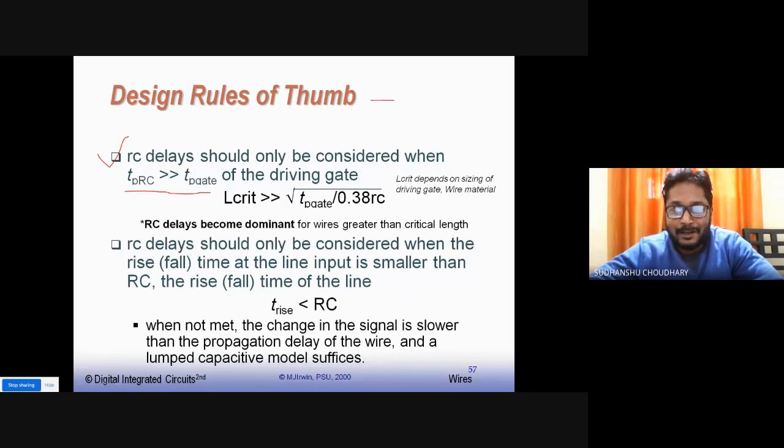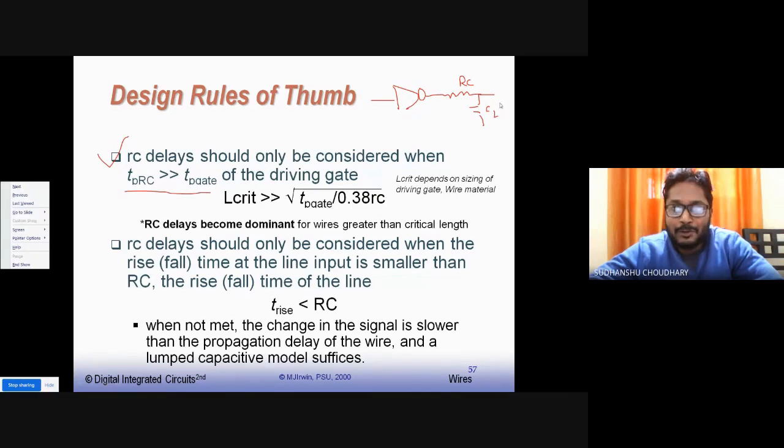As I said already, you're driving a distributed line here. When the delay of the line is greater than the delay of this inverter or gate, then RC delay should be considered.